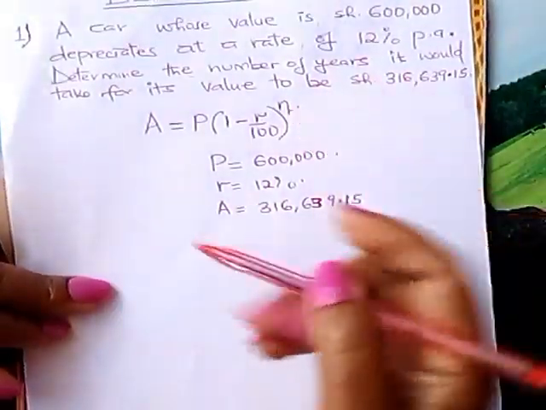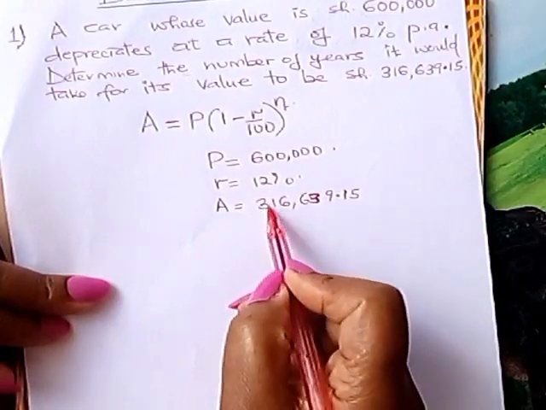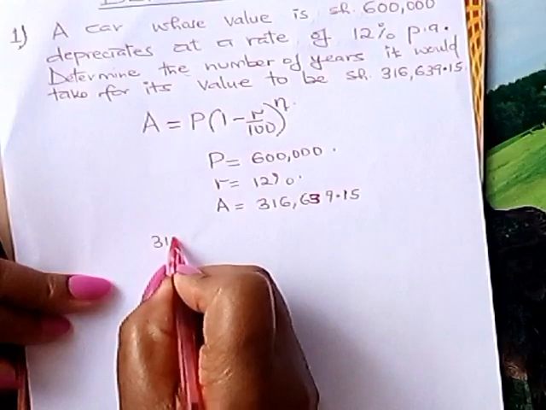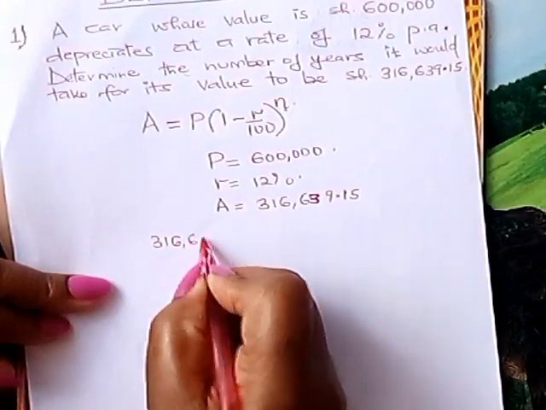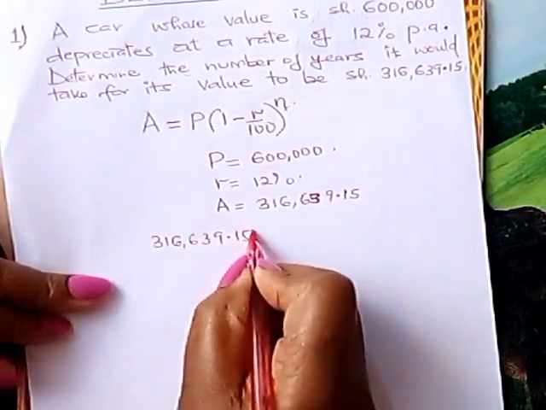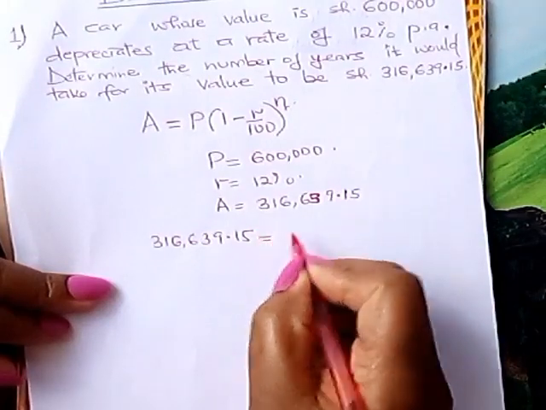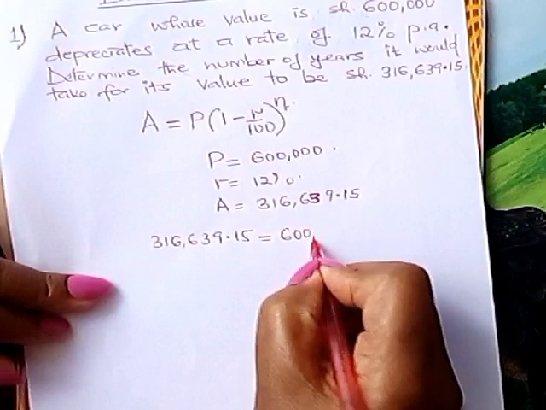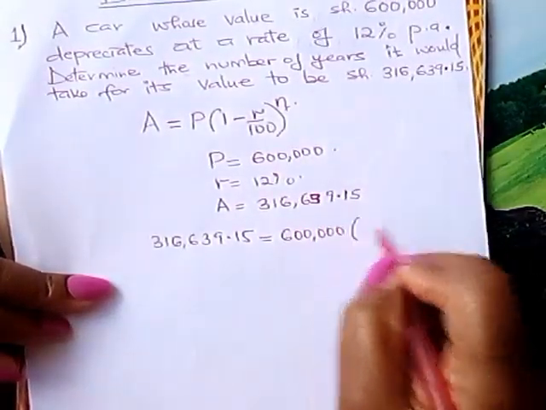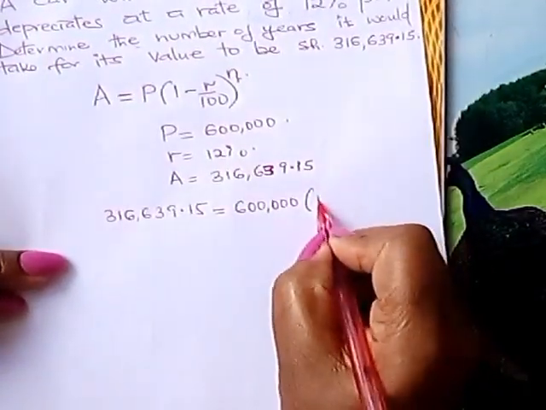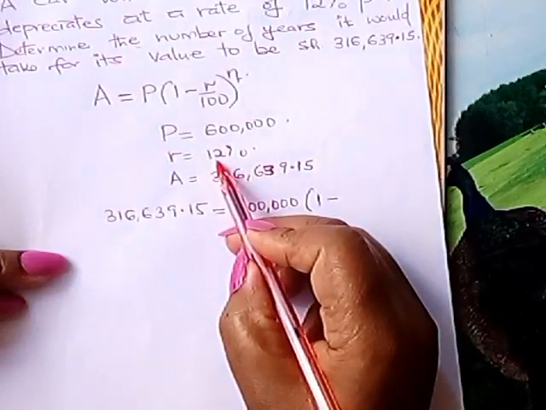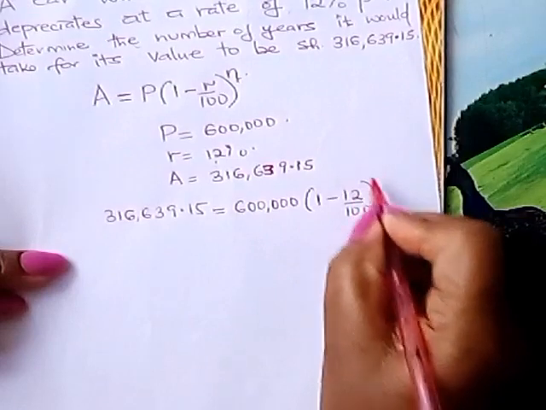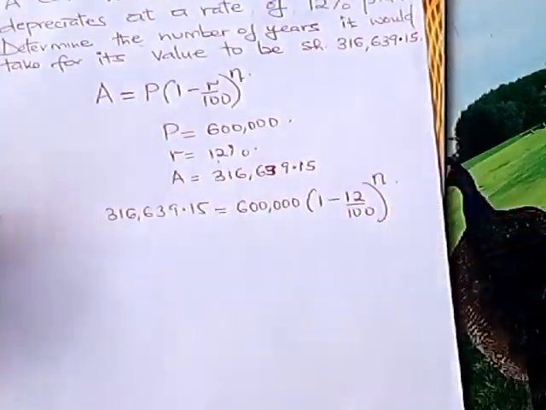So you substitute all this in the formula. So amount 316,639.15 is equal to our principal, 600,000 in brackets. You write 1 minus our rate 12 all over 100 raised to N.